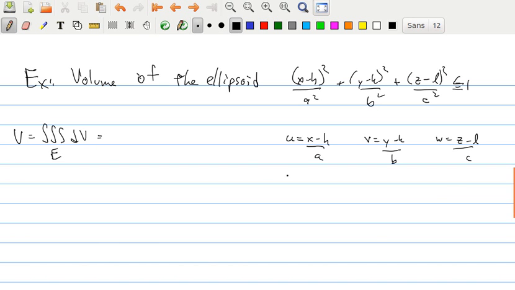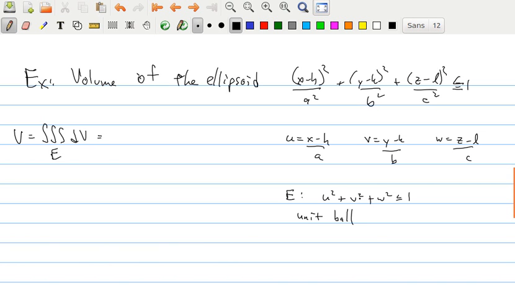What that does for the region, that says this ellipsoid in terms of u, v, and w is u squared plus v squared plus w squared is less than or equal to 1. And this is actually the unit sphere, or the unit ball.